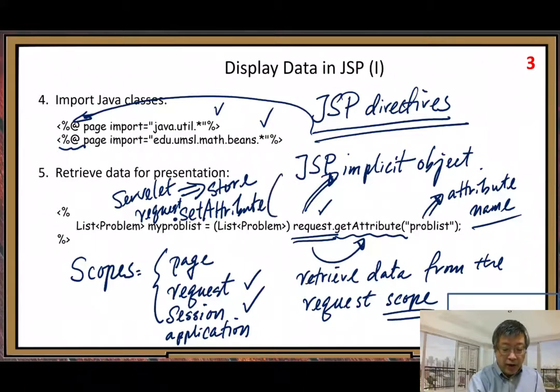When you store data in a request attribute, you need to provide a name. This is the name, probList.